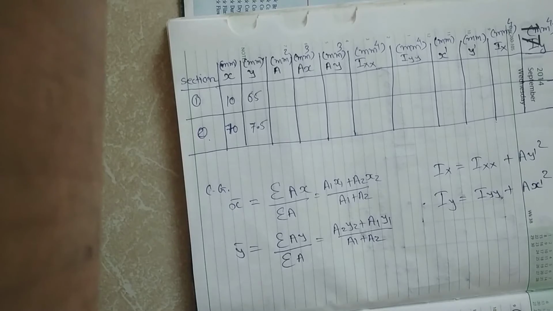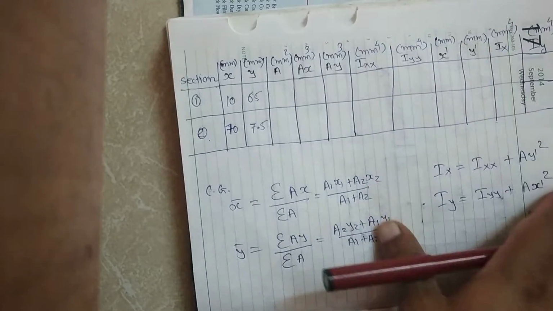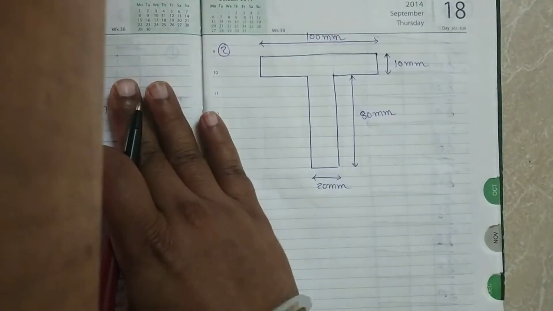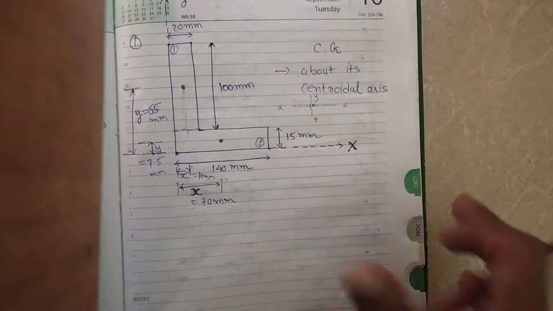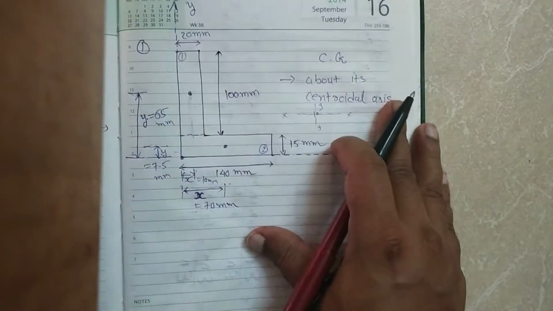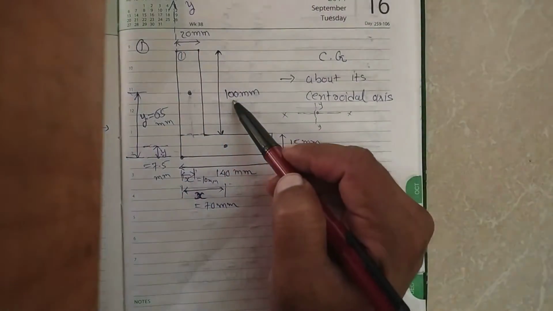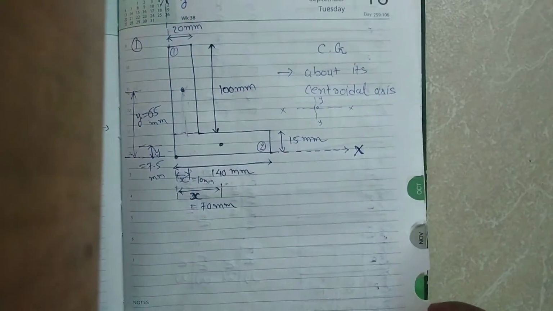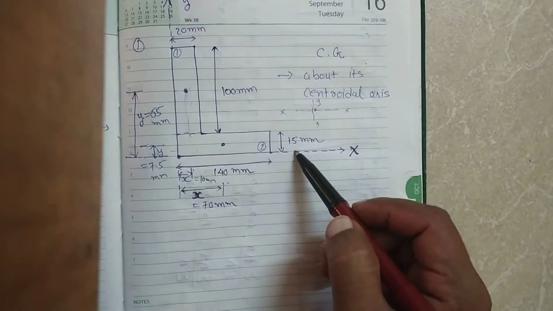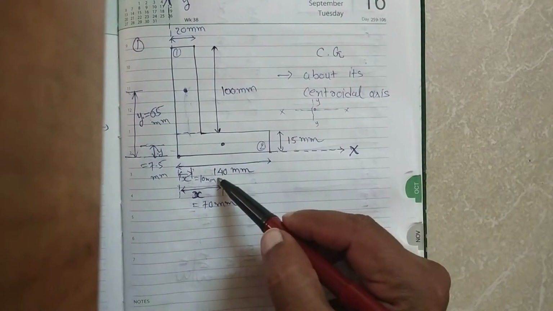Alright, now the area. Both are rectangles, so it is very easy to calculate the area of both the rectangle of section 1 as well as section 2. Section 1 has a dimension of 100 and the thickness is 20 mm, so the area is 100 into 20, it's 2000. And for section 2, the area will be 15 into 140.